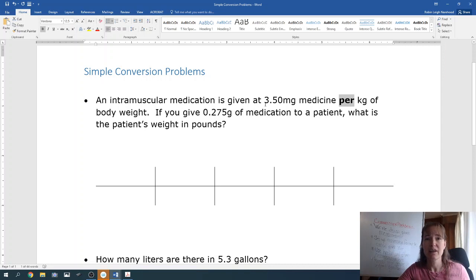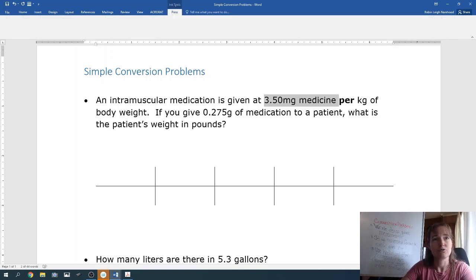Since this 3.5 milligrams of medicine is part of this conversion factor statement, this will be one of our conversion factors. I'm just going to rewrite it in terms of conversions.